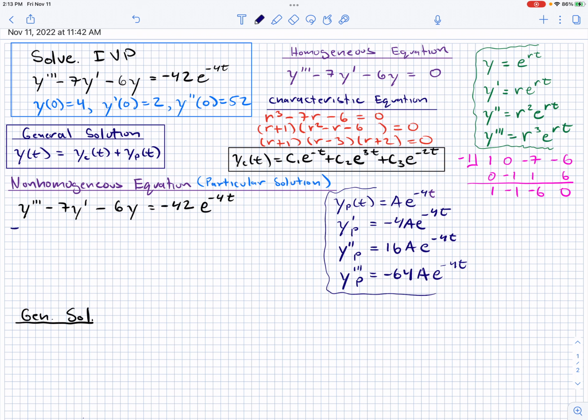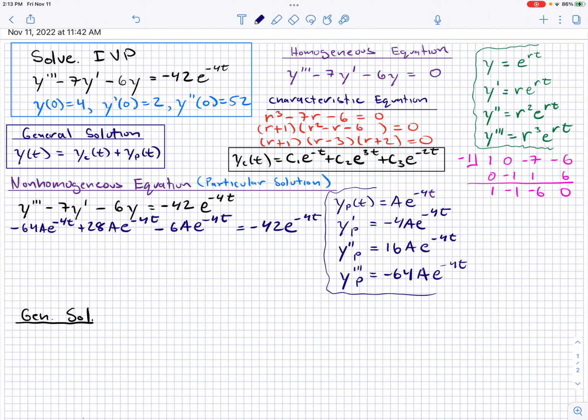and plugging those in. Negative 64a e to the negative 4t. Notice here it's y prime. We don't have a double prime, so we can ignore that. Plugging that in, we end up with plus 28a e to the negative 4t and minus 6a e to the negative 4t.